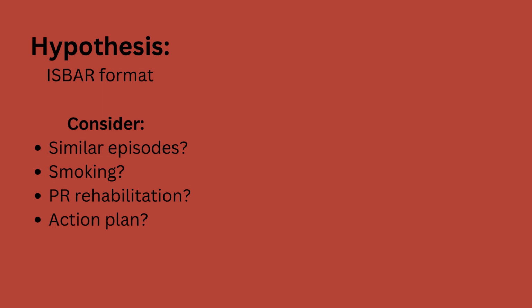The last thing that you have to remember is whether the patient has an action plan. When a patient is admitted to the hospital, many times, let's say asthma or COPD patients would have an action plan, and patients who have angina as well would have an action plan. Ideally everyone should have one, especially patients who have those conditions. What we are trying to think is whether the patient is aware of what activities he might be doing that are leading to a hospital admission or leading to his symptoms getting exacerbated.